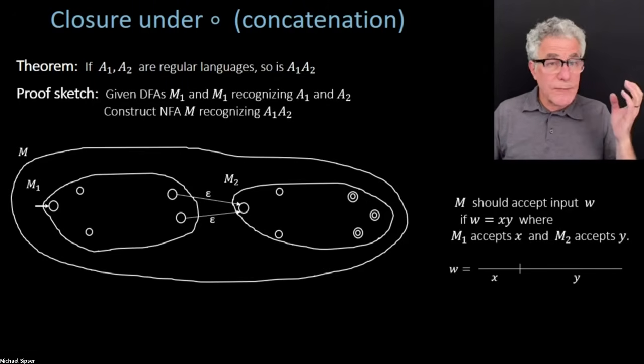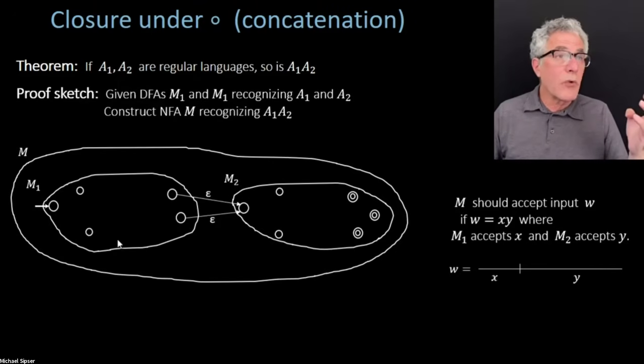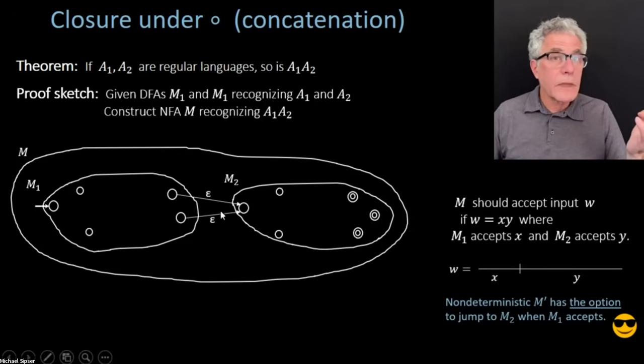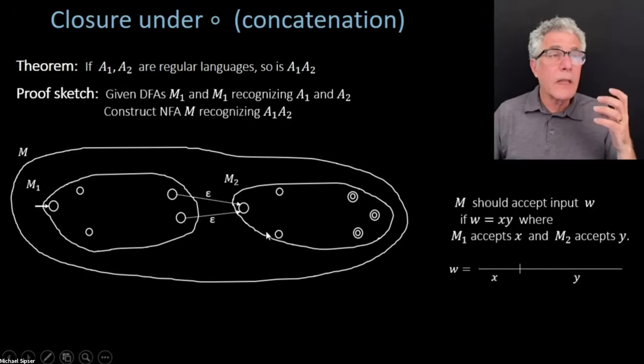And so intuitively speaking, this is going to do the right thing, because once M1 has accepted some part of w, then you can non-deterministically branch to M2, and you're going to start processing inside M2.